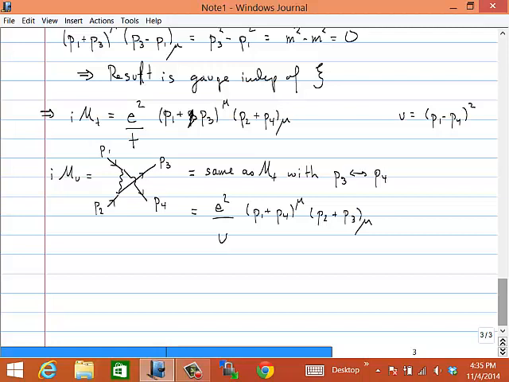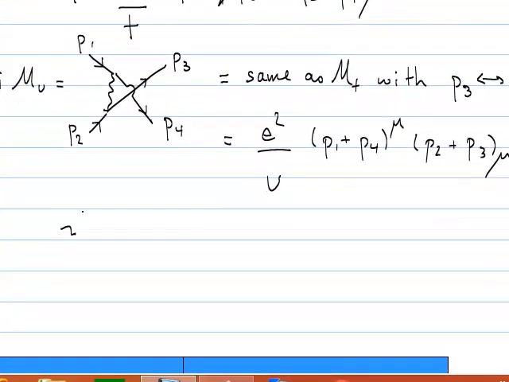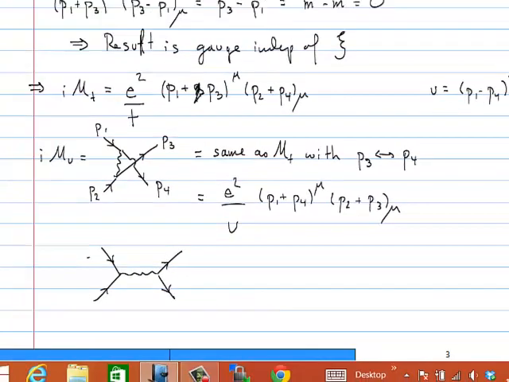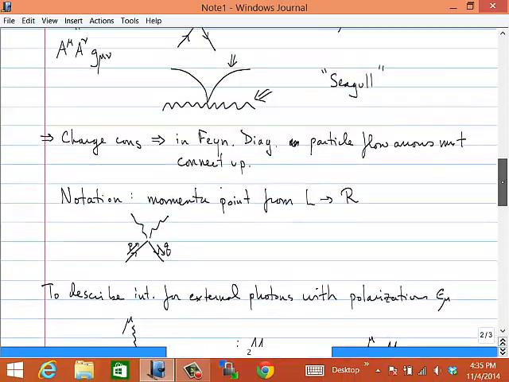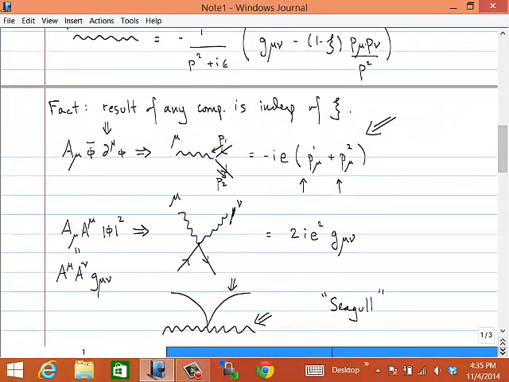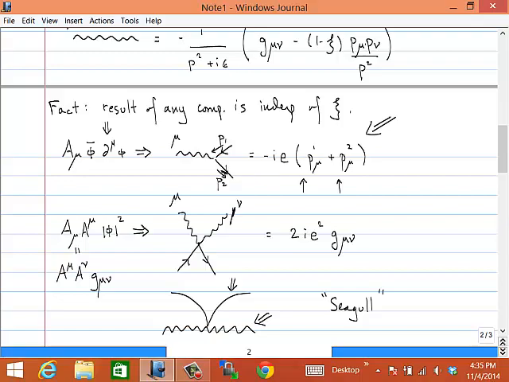Can anyone tell me what the s-channel diagram is? Just to see if you're all awake. So the s-channel diagram doesn't exist, right? Because the rule is that you have to have an arrow coming in and an arrow going out.